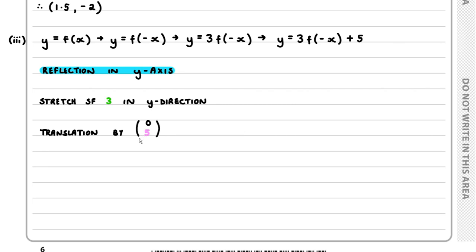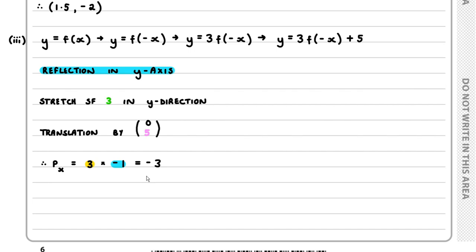So, if we have a reflection in the y-axis, that means we need to multiply the x-coordinate of P by negative 1. So the new x-coordinate of P will equal 3 multiplied by negative 1, which is negative 3.